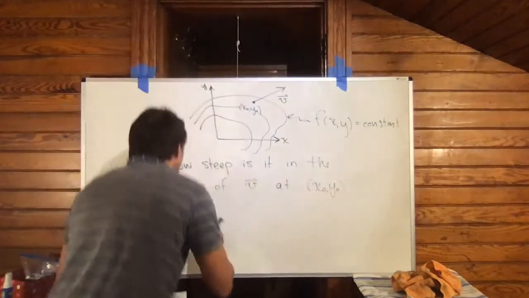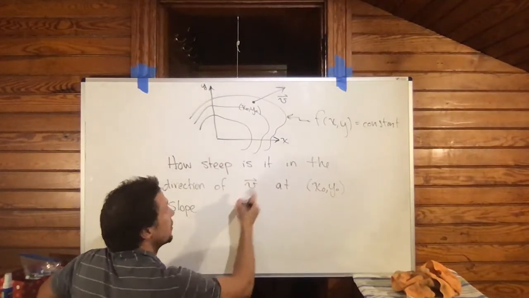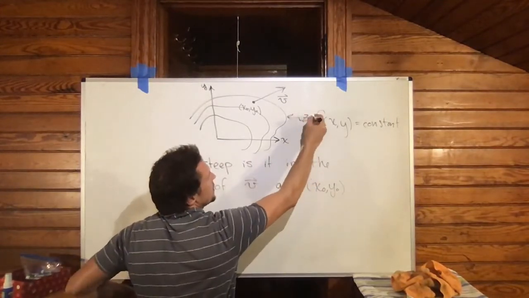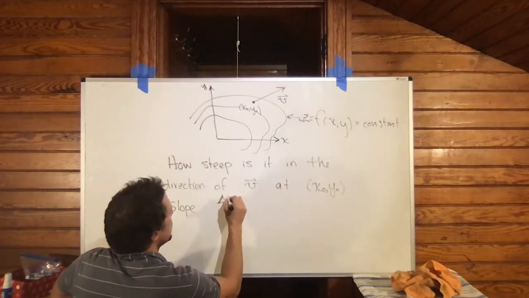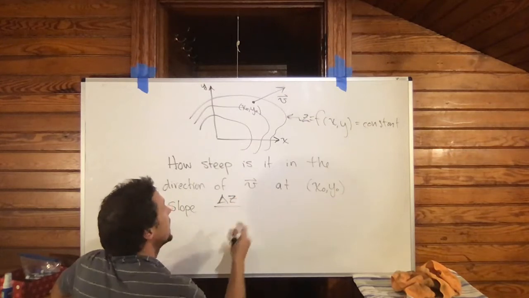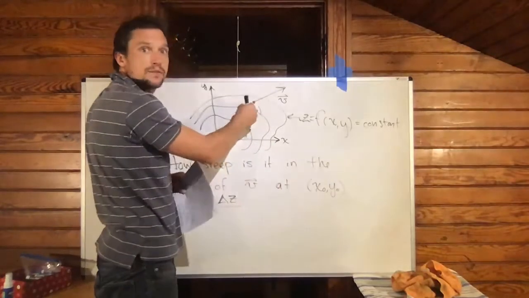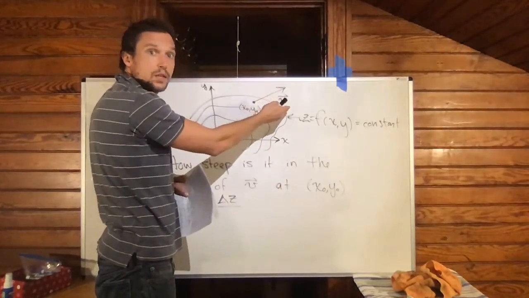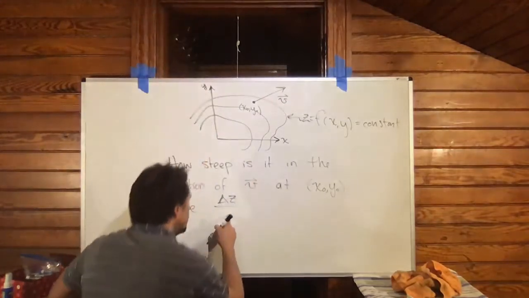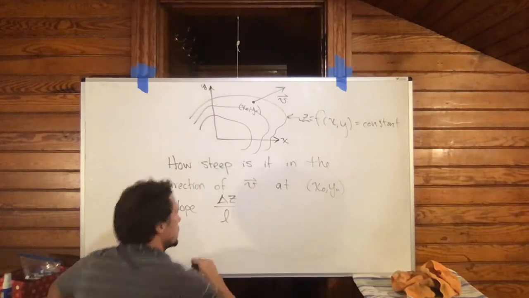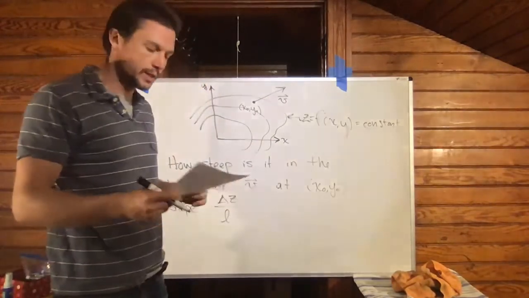So our slope is going to be our change in z, where we're thinking about the function z is equal to f of x y. So our slope is going to be the change in z divided by the size of the step we take in the direction of v, which I'm just going to call L, the size of the step that we're taking when we look at this change in z.